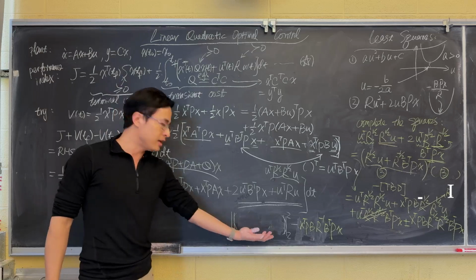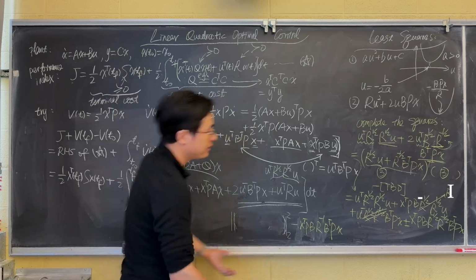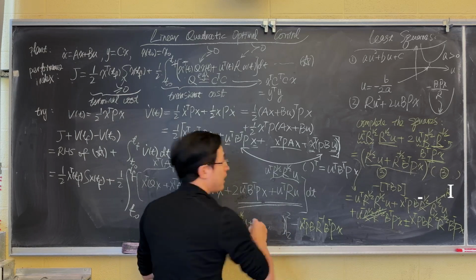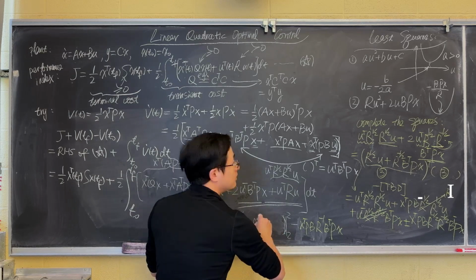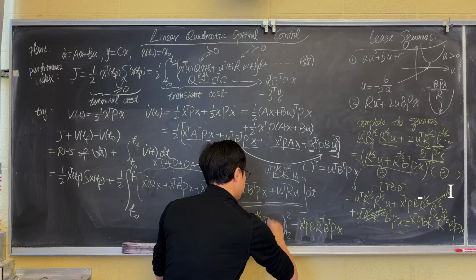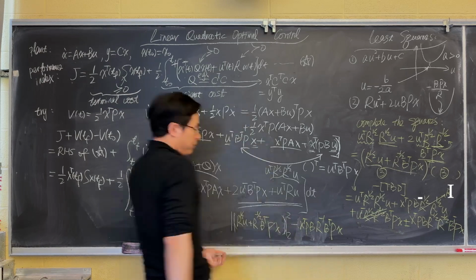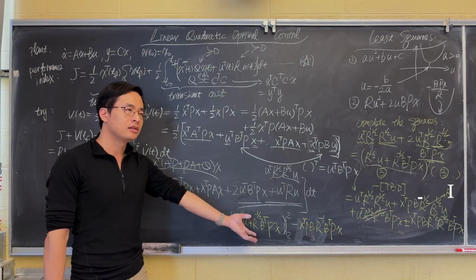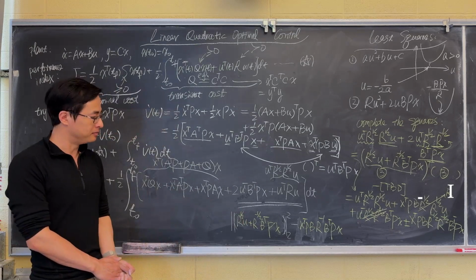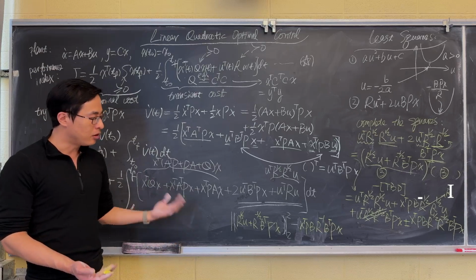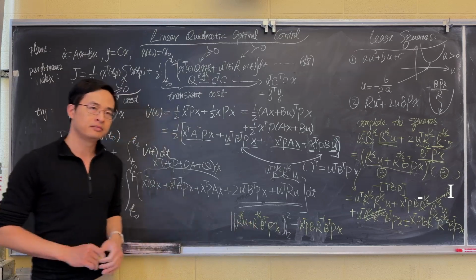And then the square term that we completed is R^(1/2) U plus R^(-1/2) B transpose Px. Once you do this, the problem is essentially solved. We will have the Riccati equation that's going to appear. We will also have the optimal control law.